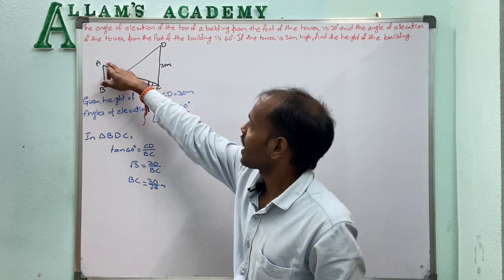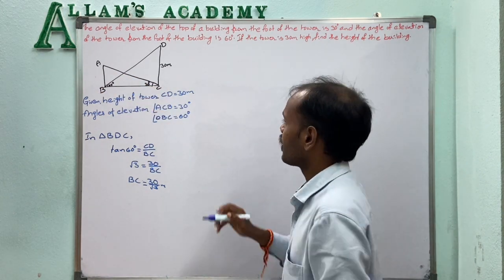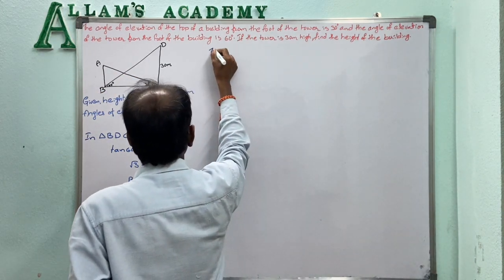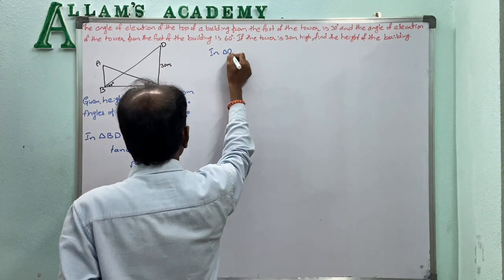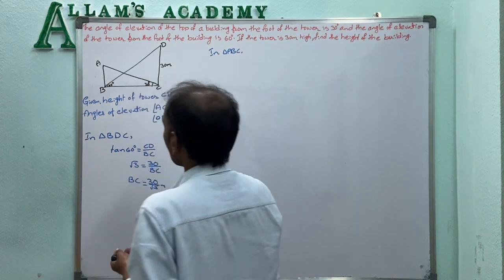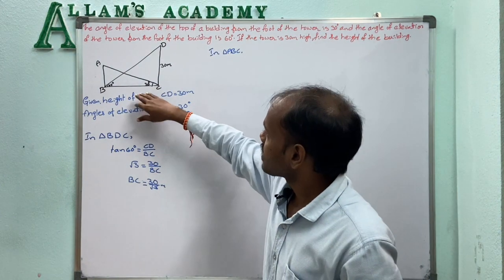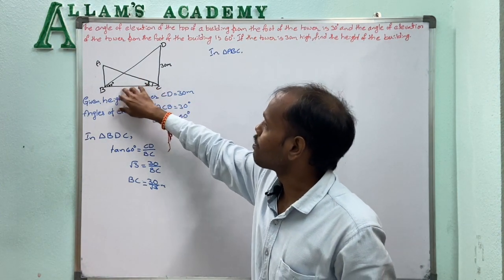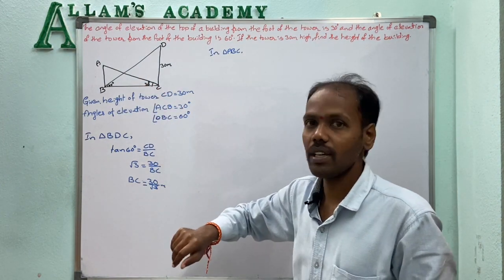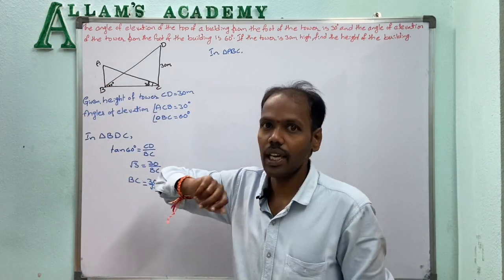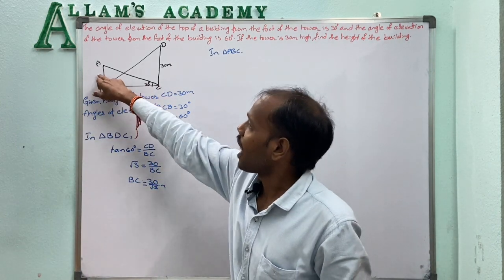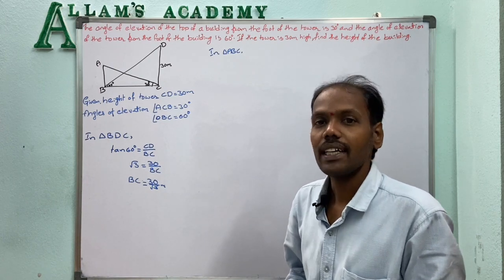Now in triangle ABC, we know the side adjacent to the 30 degrees angle, BC length 30 by root 3 meters. We want to find AB. So adjacent and opposite means we can apply tan theta.